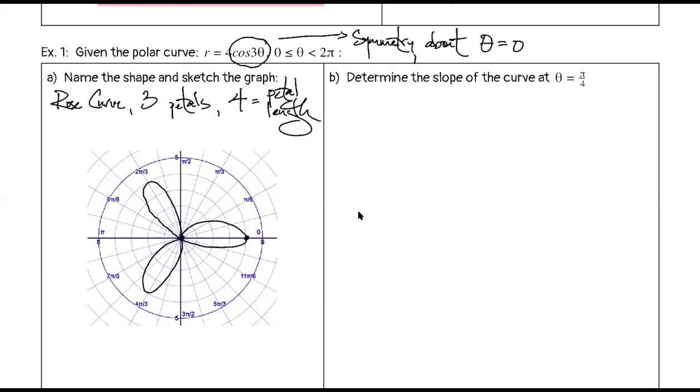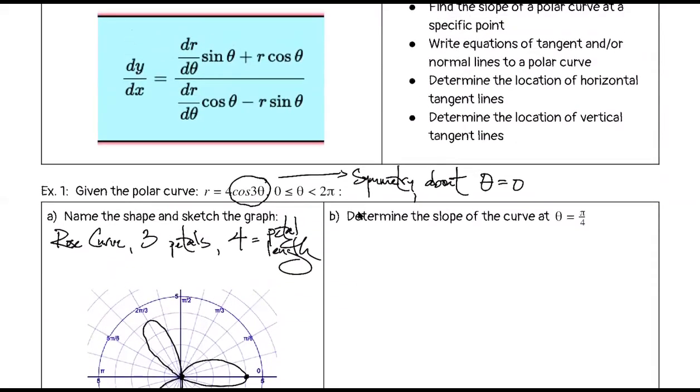And now our question is to find the slope of the curve at theta equals pi over 4. So we're going to need that formula up here in the blue, okay? Since this is our first time through, let's write the formula out and then fill in what we need in the second line.